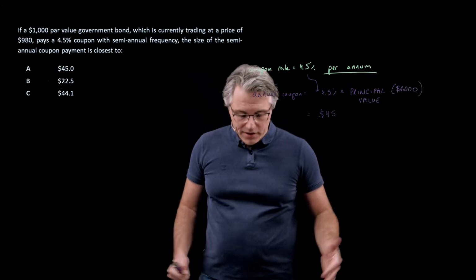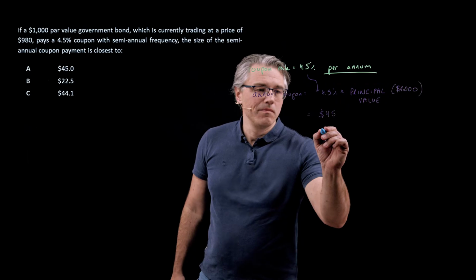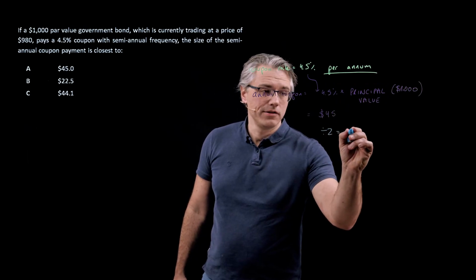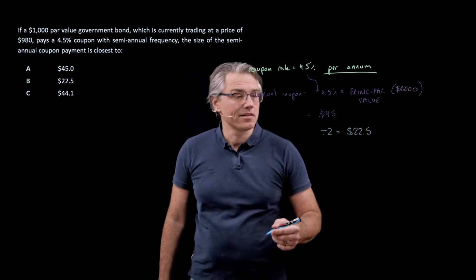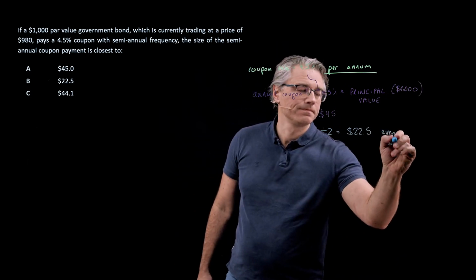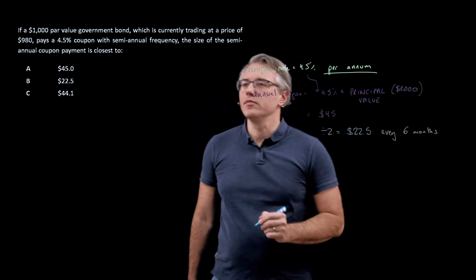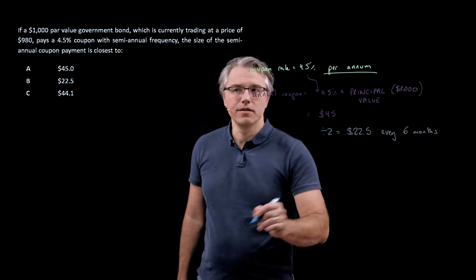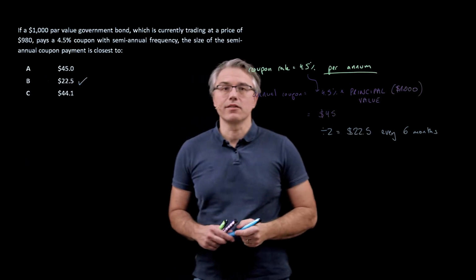And you don't really need a calculator for this, do you? You just divide this number by 2 to get 22.5 every 6 months. And that obviously becomes the answer to the question. It's going to be answer B over here. That's the one. That's the correct one.